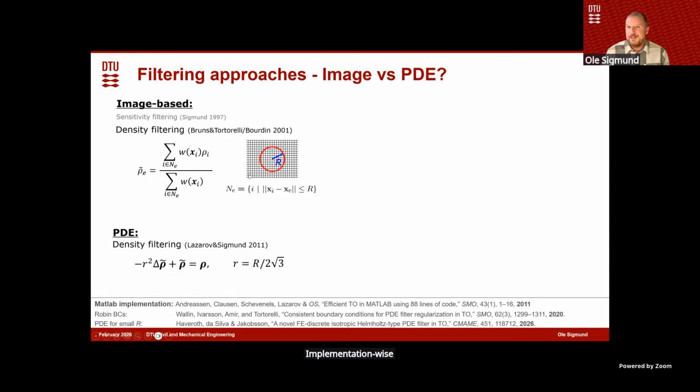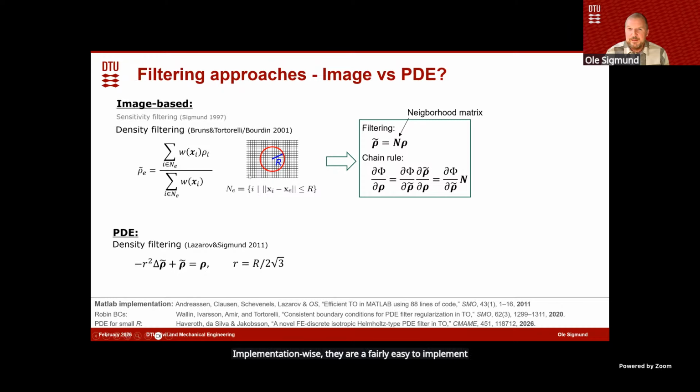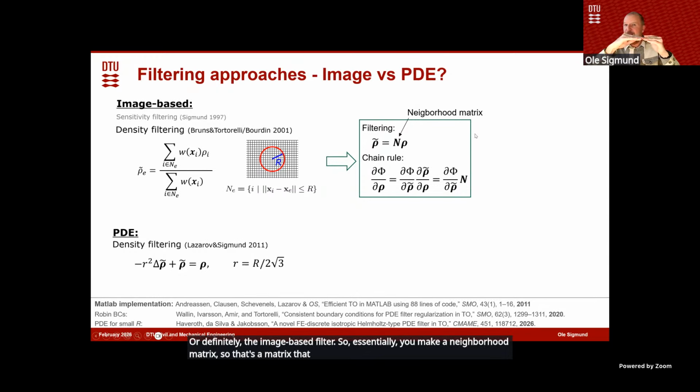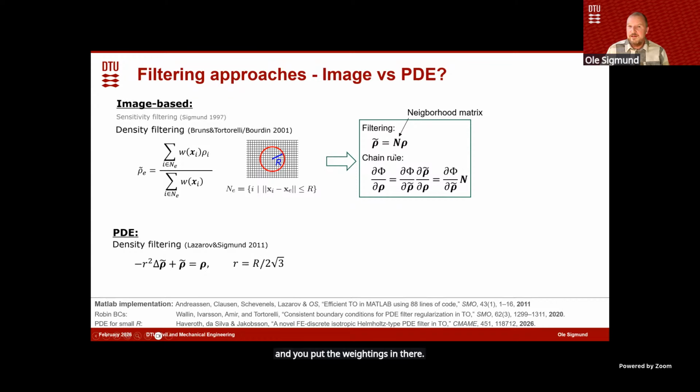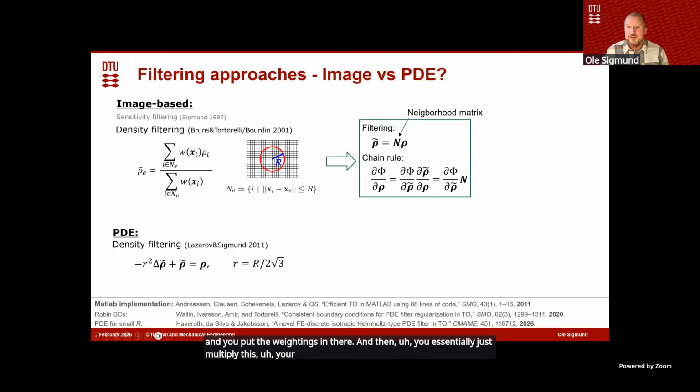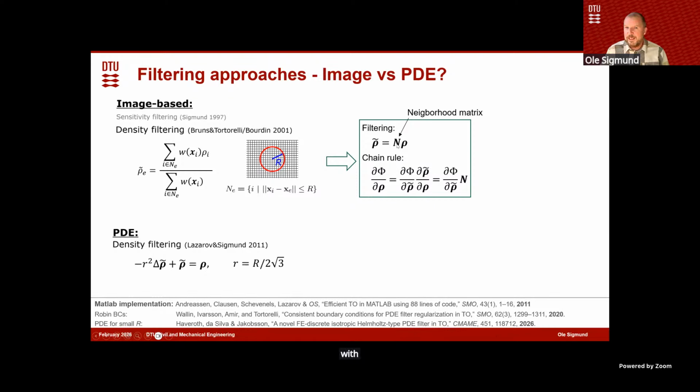Implementation-wise, both are fairly easy to implement, or definitely the image-based filter. Essentially you make a neighborhood matrix. That's a matrix that for each element finds the neighbors associated with that element, and you put the weightings in there. Then you just multiply your design variables with this neighborhood matrix, and you get the filtered variables.